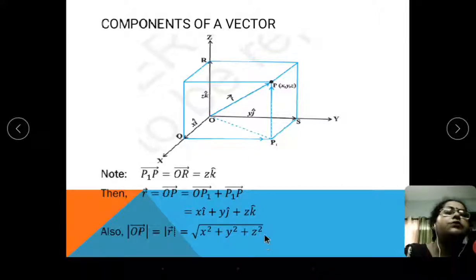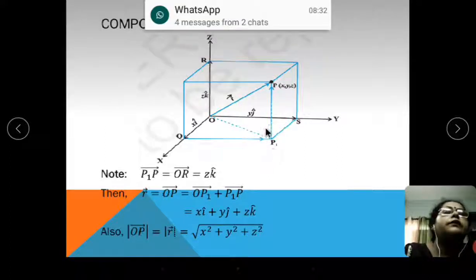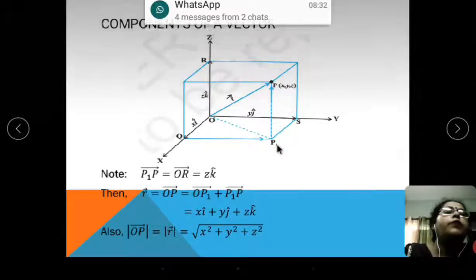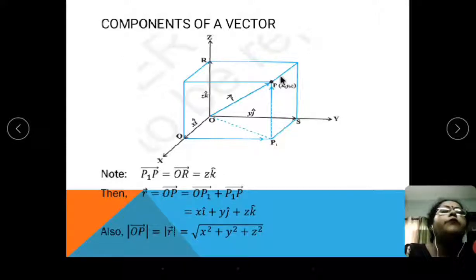Why is it so? Once again, let's go back to the figure. If we look again at the triangle OPP1, and if you remember that this is a right angled triangle, right angled at P1, so we see that r square will be given by OP1 square plus P1P square, which is z square. And what is OP1 square?